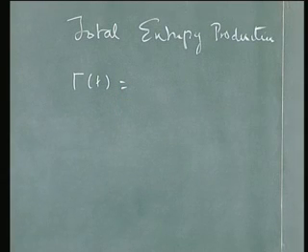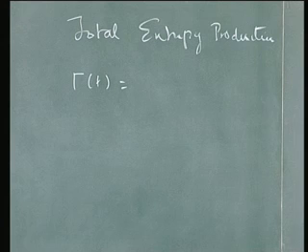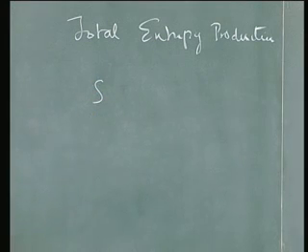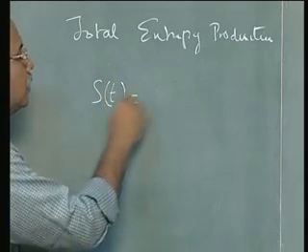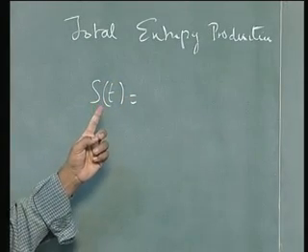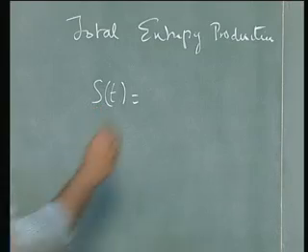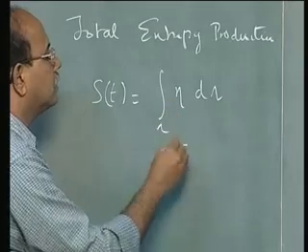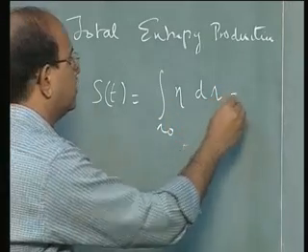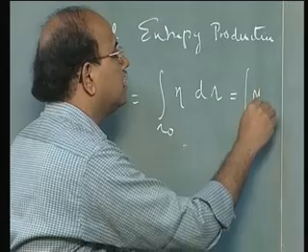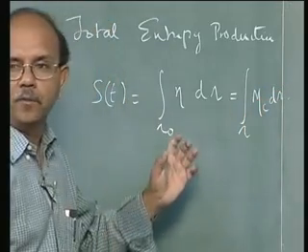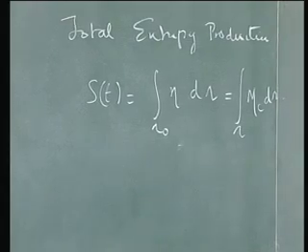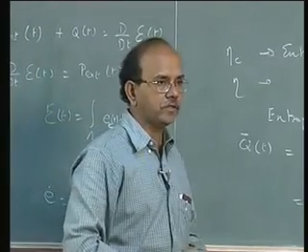Before that, let me define one more term, which we would call the total entropy S, T. This is similar to script T, that is internal energy, that we gave as eta d omega, or in other words this is equal to eta c d omega, depending upon whether you are in the current configuration. That is the total entropy that's available in the system, similar to that of the internal energy.